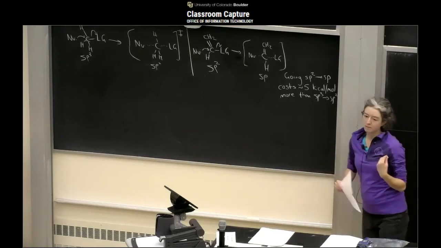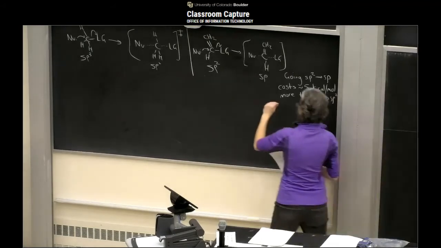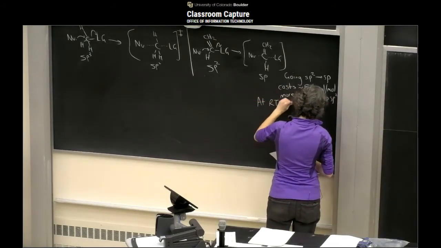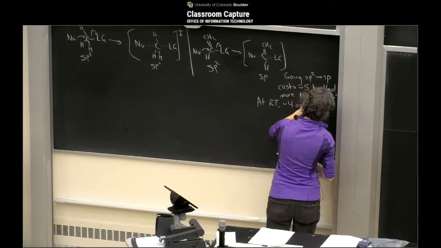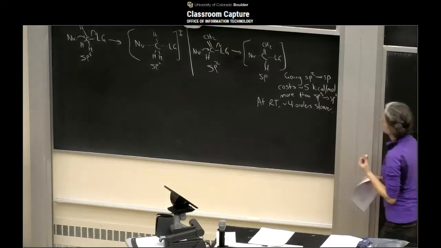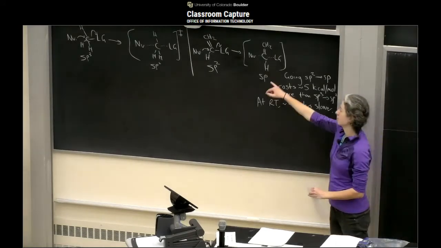Which means that at room temperature, it's slower by about 4 orders of magnitude. So it's about 10,000 times slower. Even though it's exactly the same arrow pushing, it's got quite a bit more of an energy hurdle to get over by doing this.